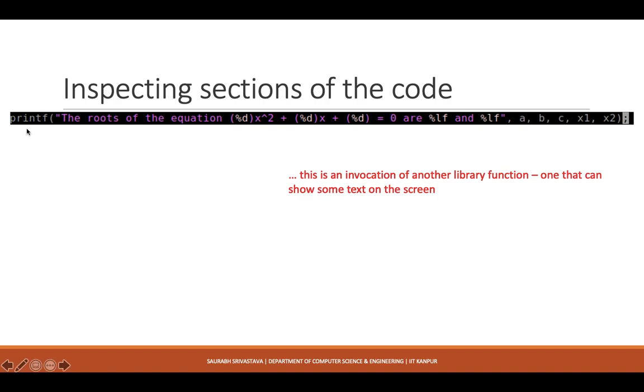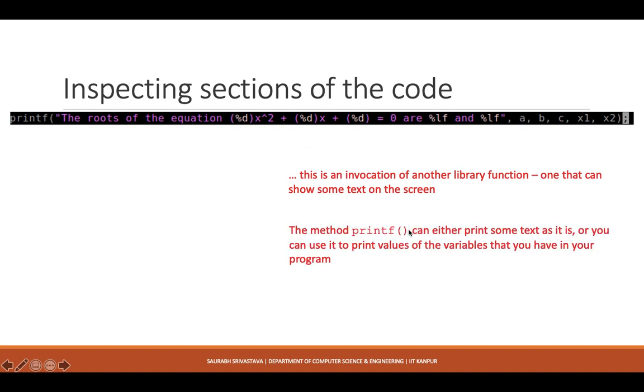Now this is another invocation of a library function, just like sqrt. The name of this function is printf. Printf is a function that can print something on your screen. Printing is the terminology we use for displaying something as an output.